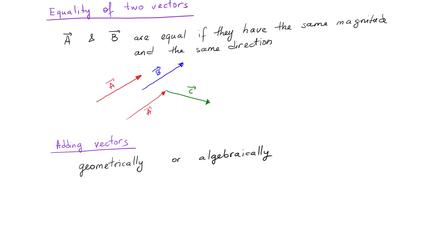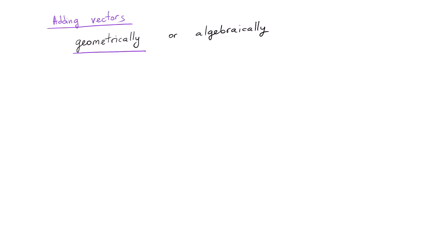Let's start with the geometrical addition of two vectors. The simplest situation occurs when the vectors point in the same direction, that is, when they are collinear. Suppose a car first moves along a straight line with a displacement vector A equals 275 meters due east.